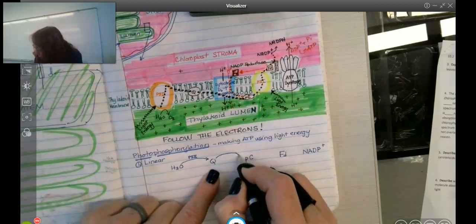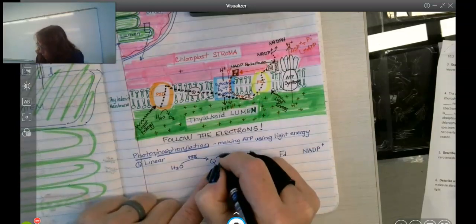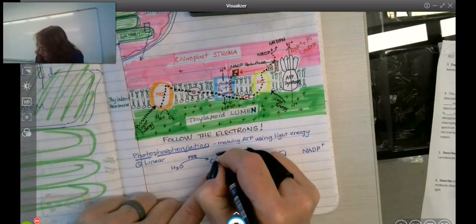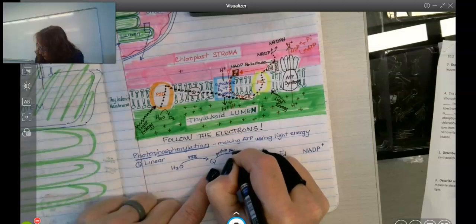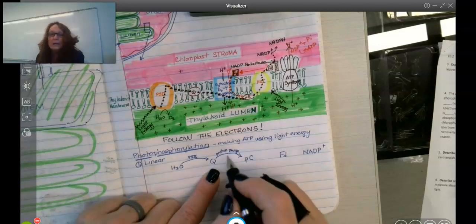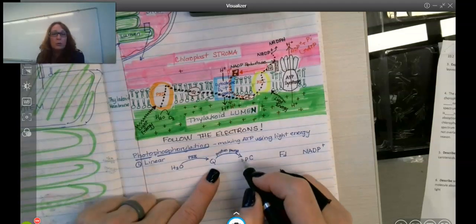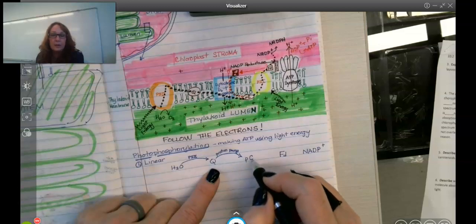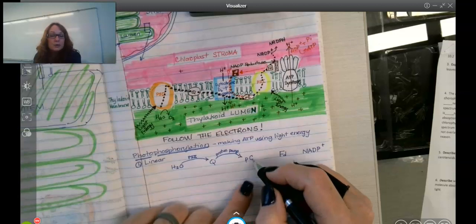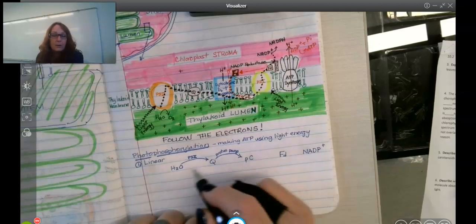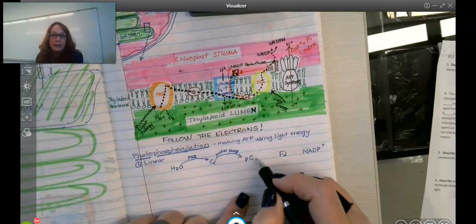So we're going to put the electron's passage through a proton pump to C. Now they're low energy. So I misspoke when I said that from then on they're high energy. It's going to be low, high, low.